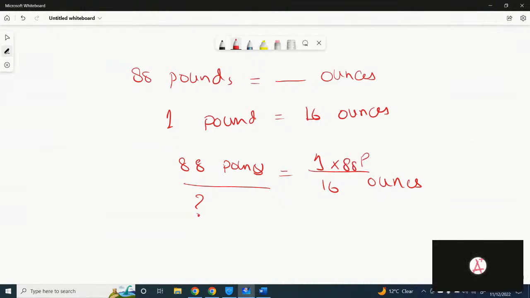So you have to do 16 times 88. 16 times 88 is 1408. Got it? Yes, very good. It is 1408 ounces. That's exactly the same thing you have to do with equivalent fractions.